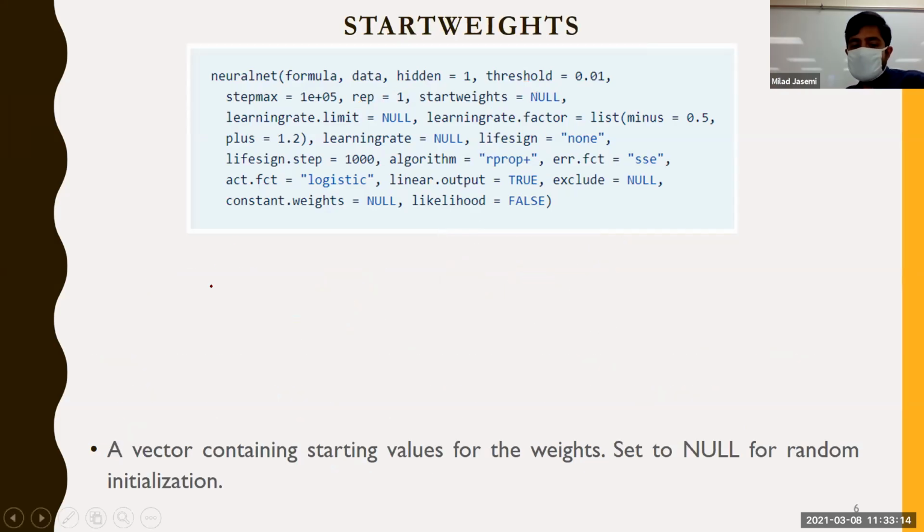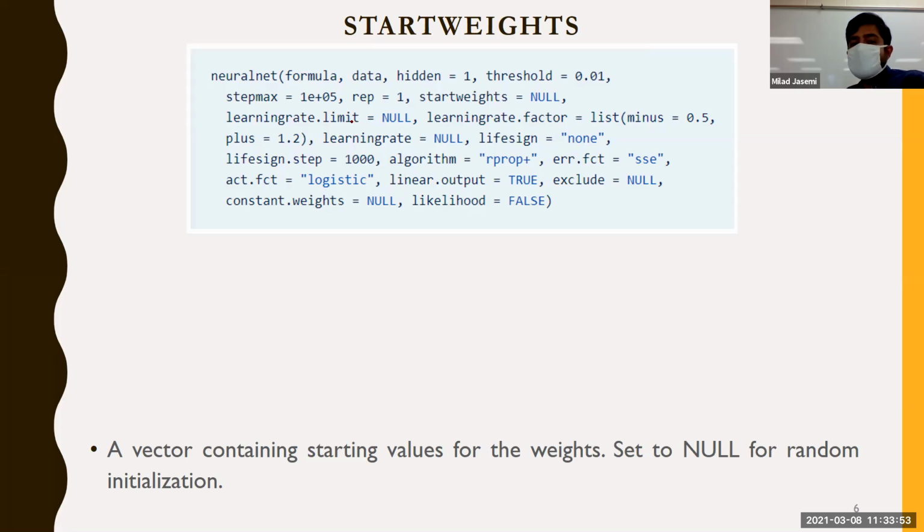As you can see here, a vector containing starting values for the weights, set to null for random initialization. Of course, if you have good start values, for example from previous training, it would be better to give them to your neural network. But if you don't have, it starts with random. So if you don't put anything, like the previous examples we did together, it just puts random numbers. But you can put your own.